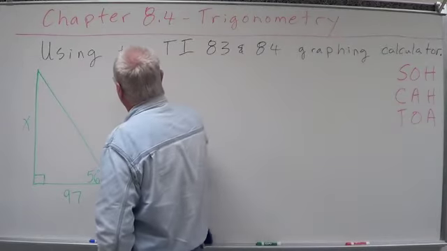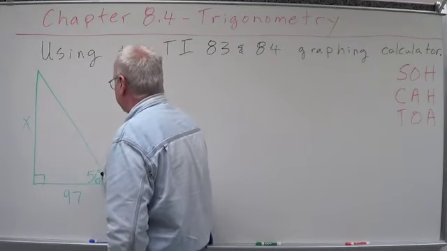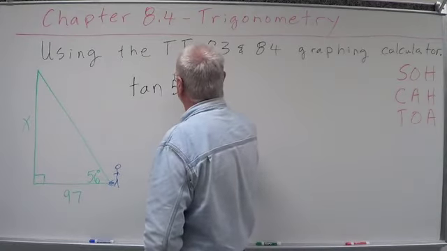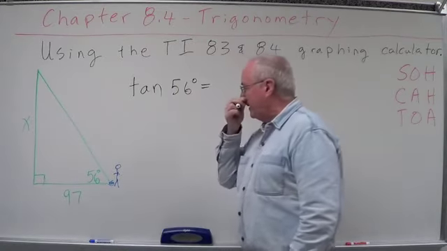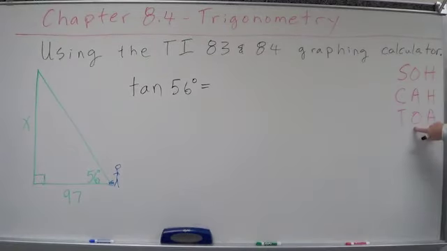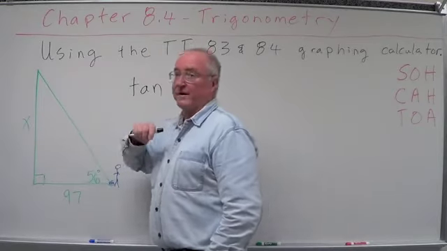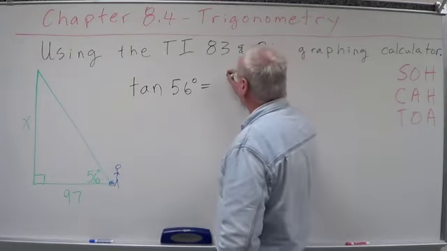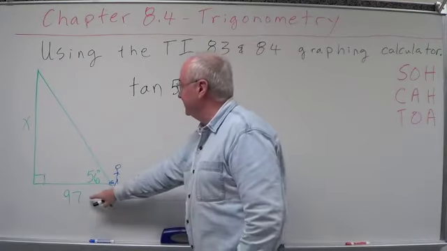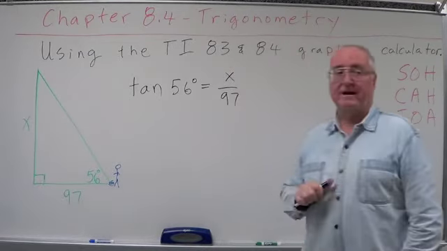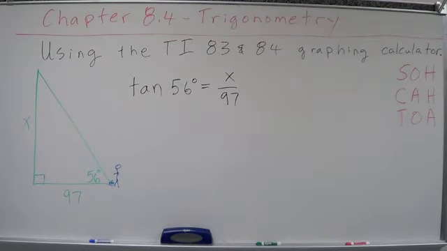So, let's do tangent. Where we're standing, the angle we're on is 56 degrees. Now, the tangent is the opposite divided by the adjacent. What's our opposite? Our opposite is x. And the adjacent is 97.